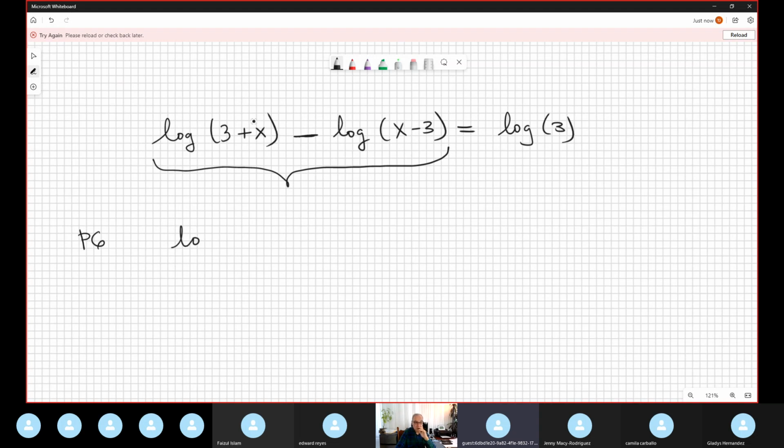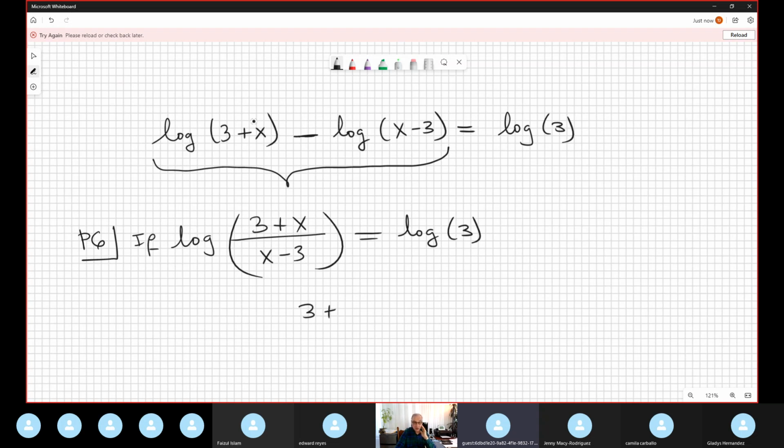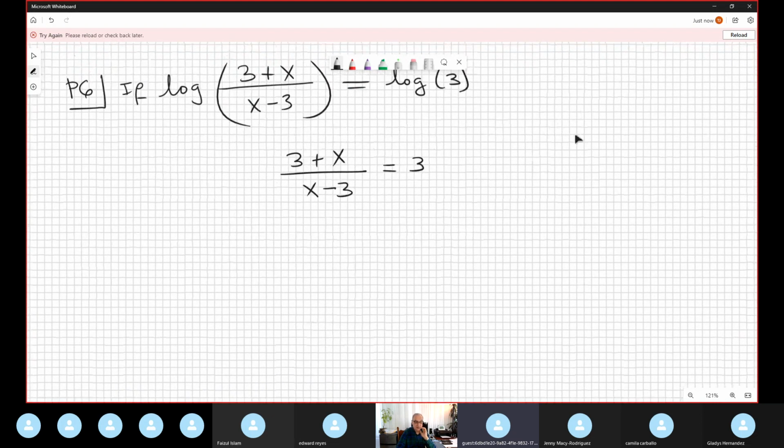So you have logarithm of division, 3 plus x in the top, x minus 3 in the bottom, equal logarithm of 3. That's not necessary, because now if you have 2 logarithms and the base is the same, it's because the argument is the same. Makes sense, right? And the rest is easy.